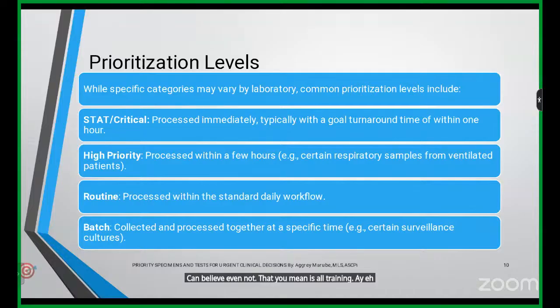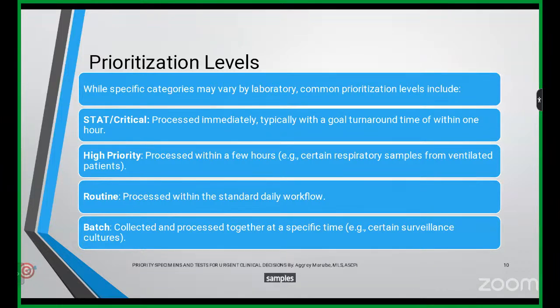The less time possible. High priority specimens are processed within a few hours, e.g. certain respiratory samples from ventilated patients. We also have routine specimens or routine tests. Routine tests are usually processed within the standard daily workflow. There are also batch tests or batch samples.